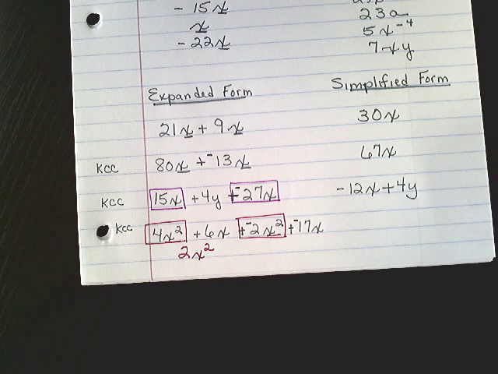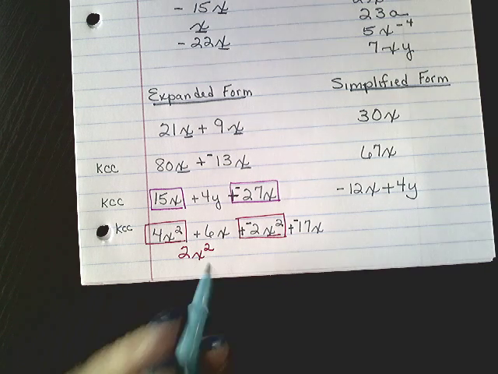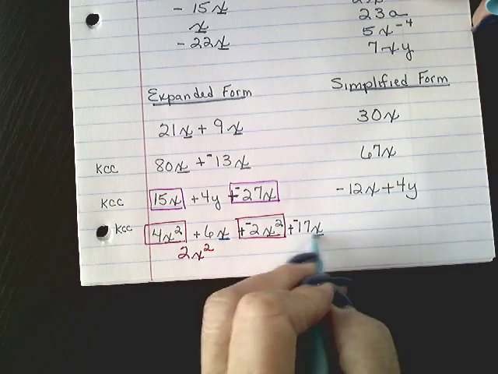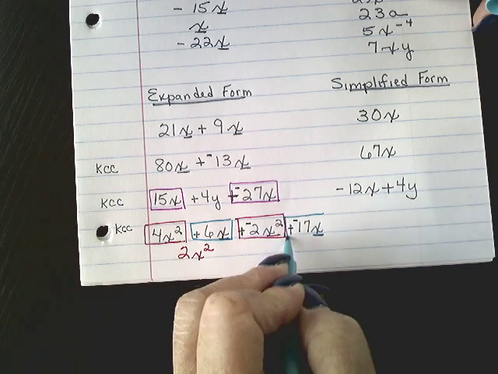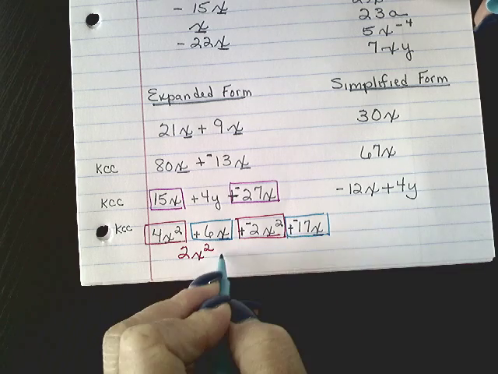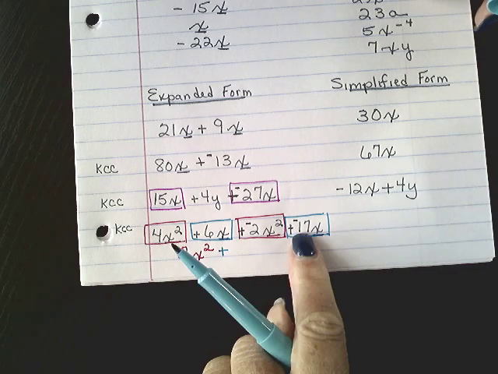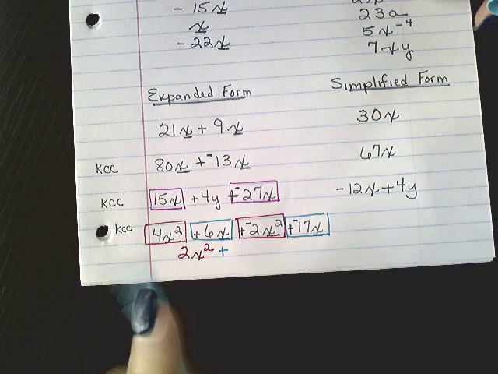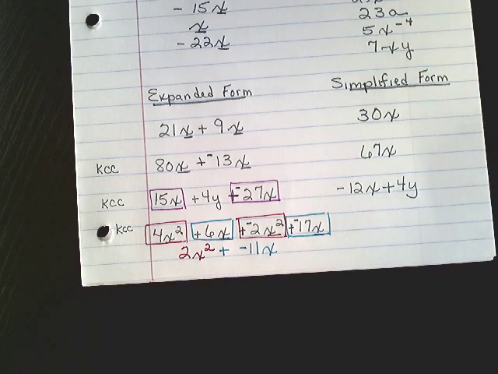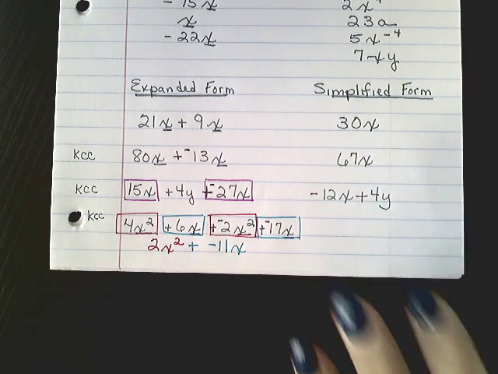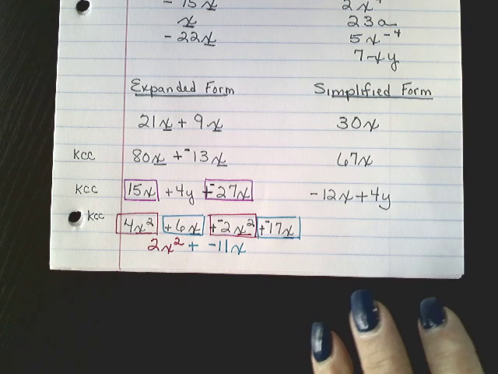Can I combine the other terms? If I have x here and x, I can combine 6x and negative 17x. And that's going to give me negative 17 plus 6 is negative 11x. That is how you would combine terms that are alike. You're looking for the same variable to the same power.